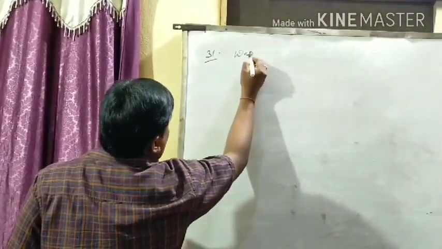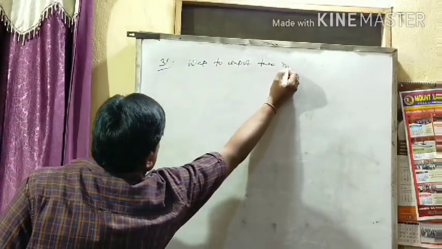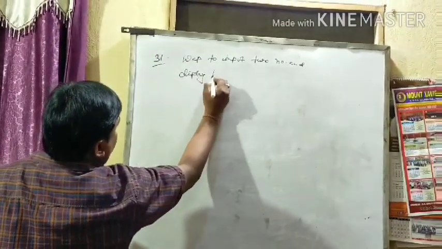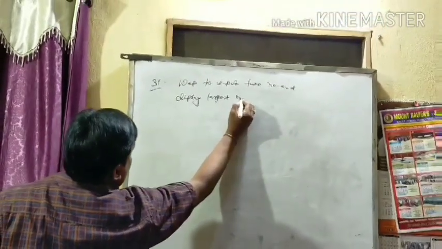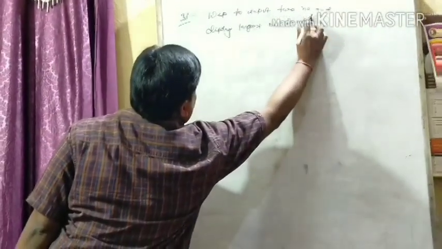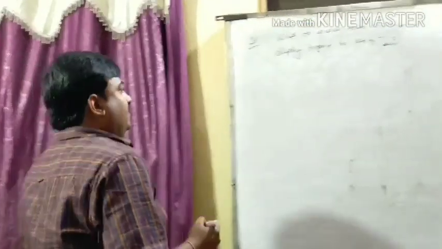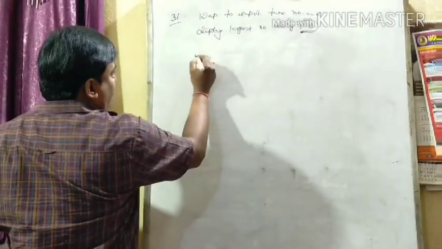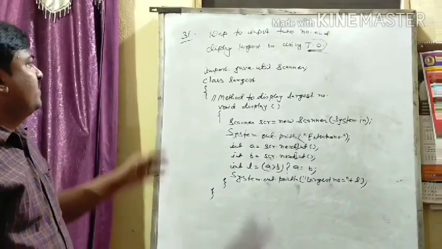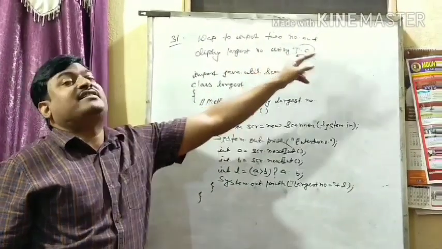The question is: write a program to input two numbers and display the largest number using the ternary operator.